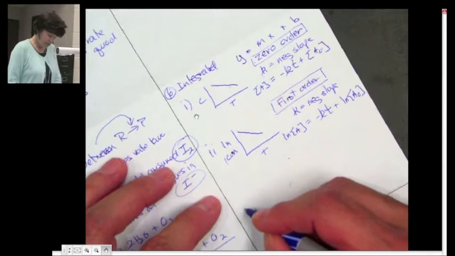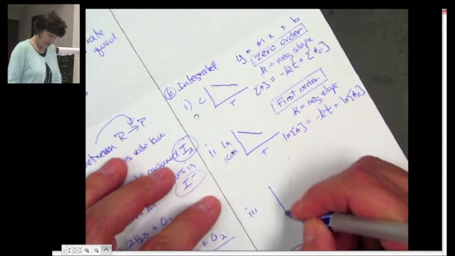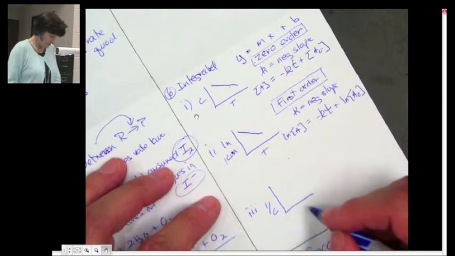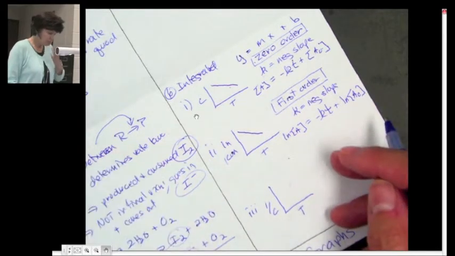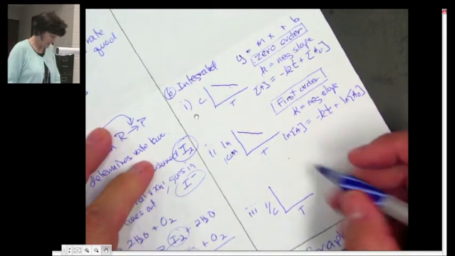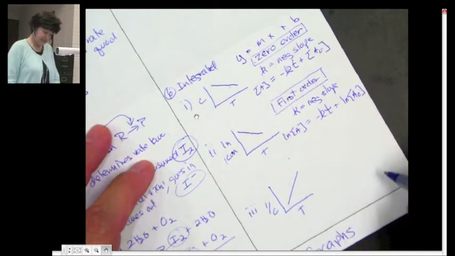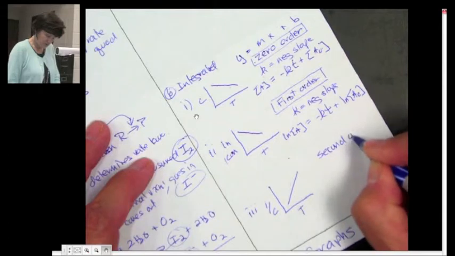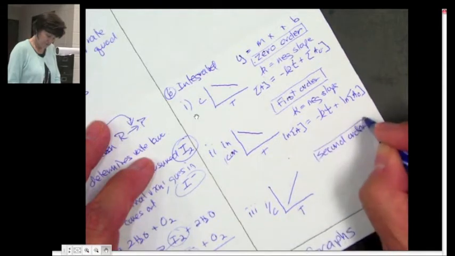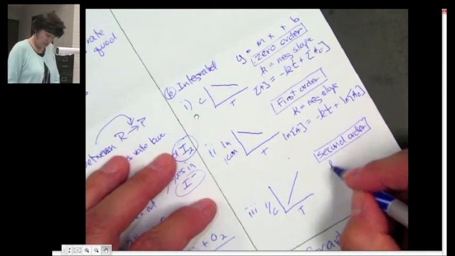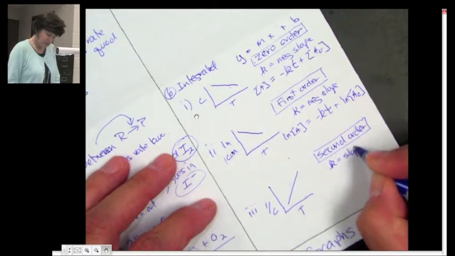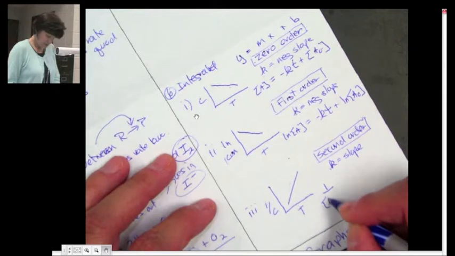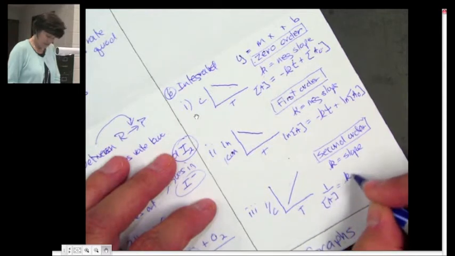And if we graphed that data, the reciprocal of the concentration against the time, and we get a straight line like this, that's going to be a second order rate law, where the rate constant is equal to the slope. And the equation would look like this.